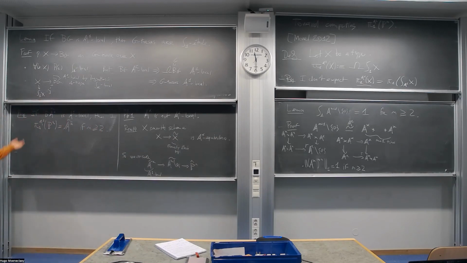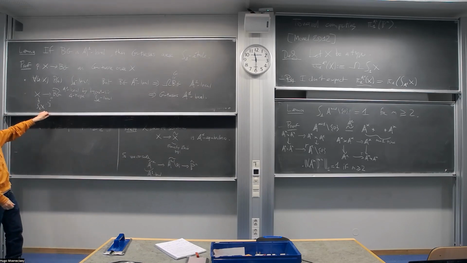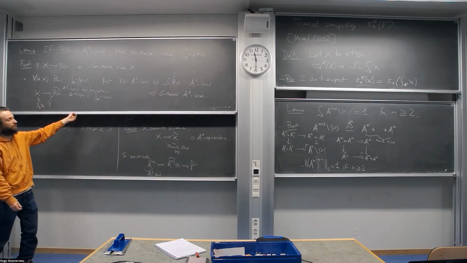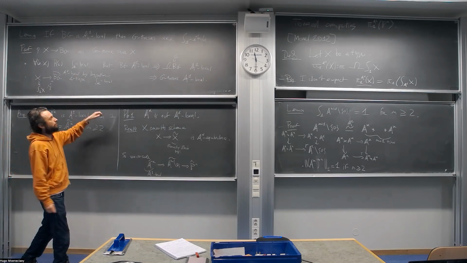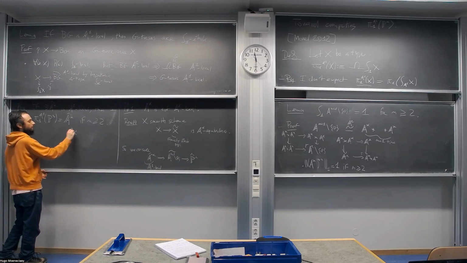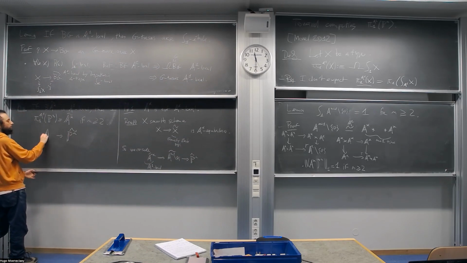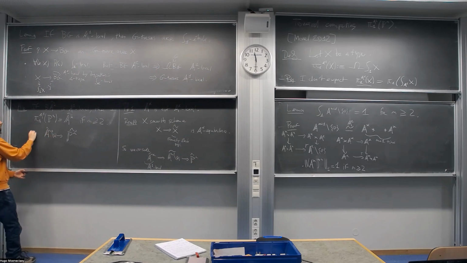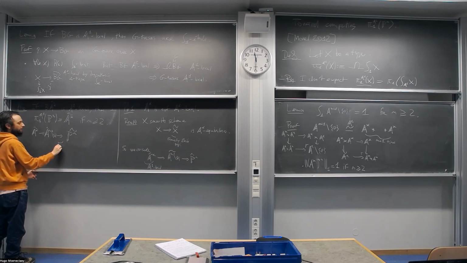And so the proof is we just have to get all the pieces presented together. So you start from the hypothesis that this is A1 local, so you know that any G-torsor is shape 1 étale. And so you know that this map here, we know that this is shape 1 étale.